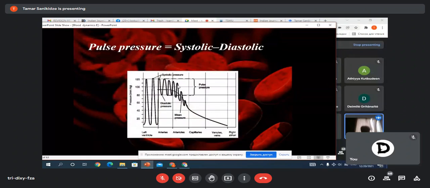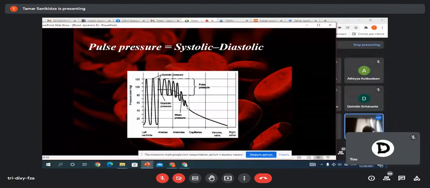Here we have to discuss the systolic and diastolic pressure. The systolic pressure is the pressure by which the heart expels the blood out of the ventricle into the aorta. Why is the diastolic pressure in the heart less than in the aorta?